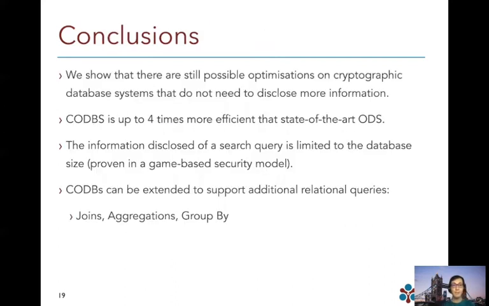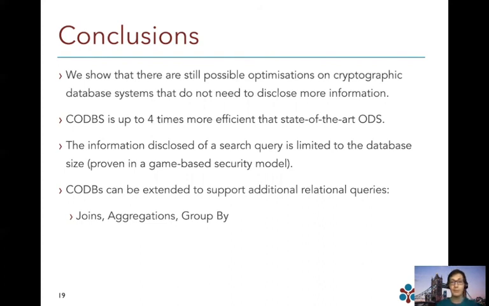And to conclude, we show that there are still possible optimizations on cryptographic database systems that can be done, and don't necessarily need to disclose more information or disclose the access patterns of queries. We show that our protocol is up to 4 times more efficient than state-of-the-art oblivious data structures and the baseline solution that we presented.